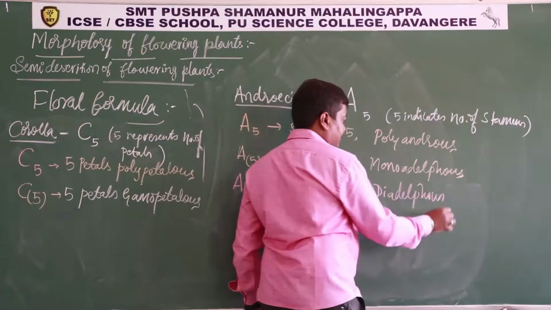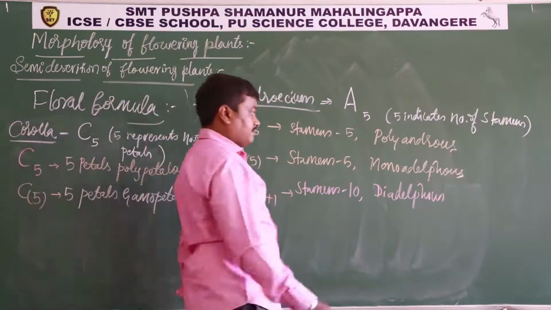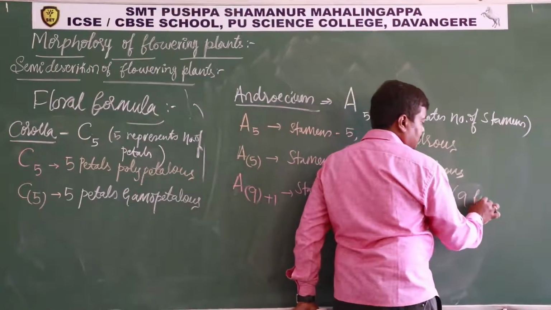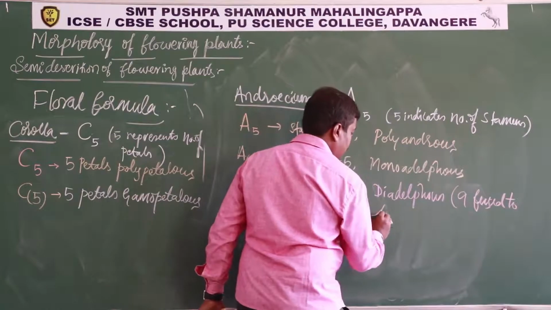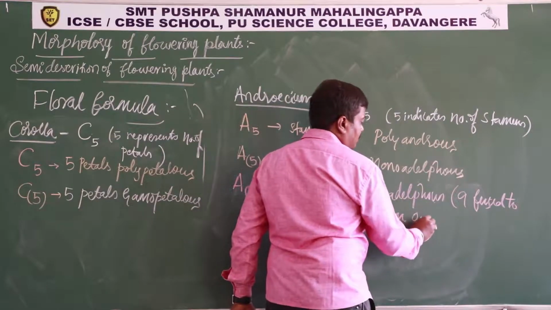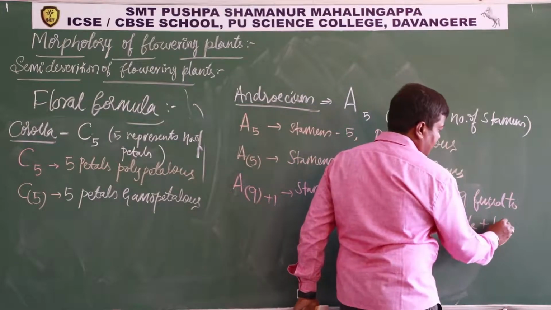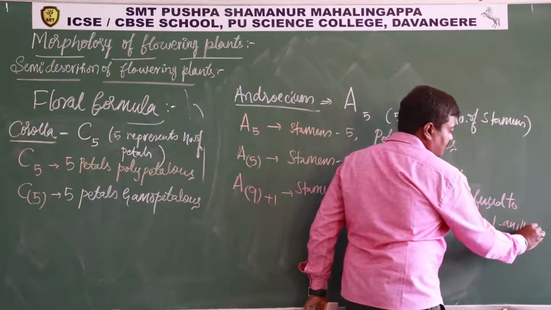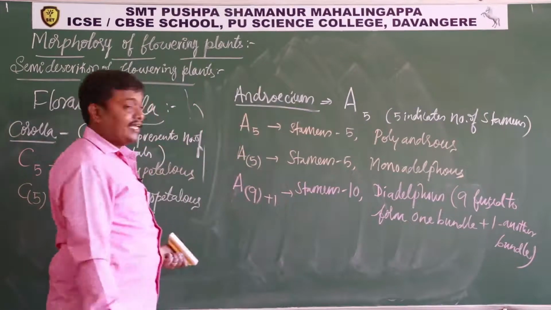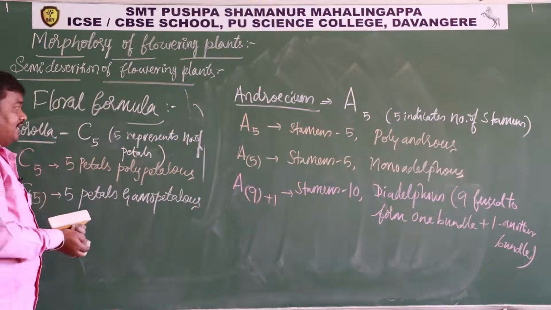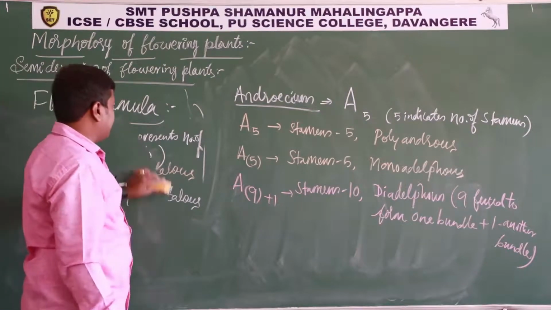So why is it called diadelphous? 9 fused to form one bundle plus one another separate bundle. So this indicates 9 plus 1. So whatever number appears there, that many stamens are present.